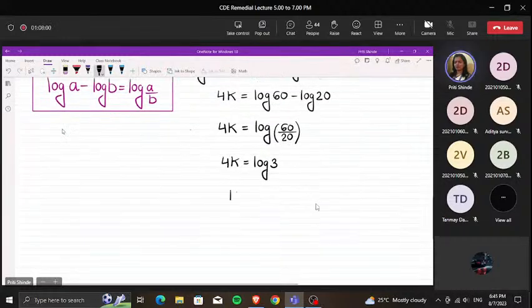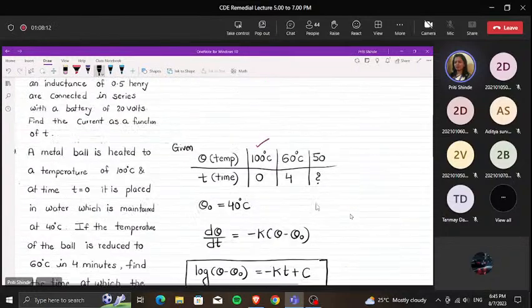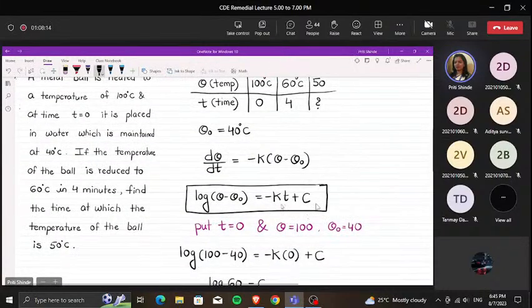Using the second condition, we get the value of k as log 3 divided by 4. So this is Newton's law of cooling. Remember this differential equation and its solution. You can solve all examples by using this formula only.